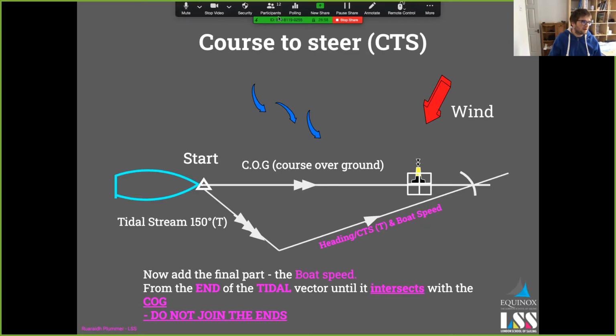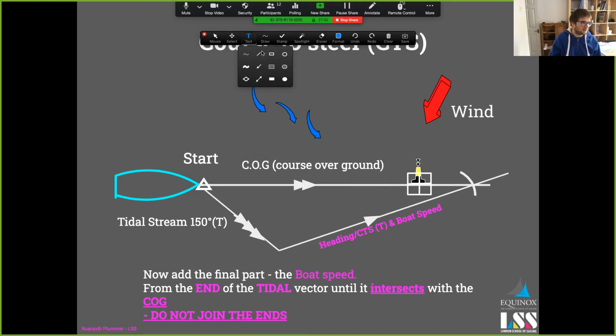The boat will actually be facing this way as it moves along this line. Sorry, they should all be the same angle, I just can't draw. So it's going to crab sideways into the tide. We can measure that angle, and it's going to give us our course to steer in true.